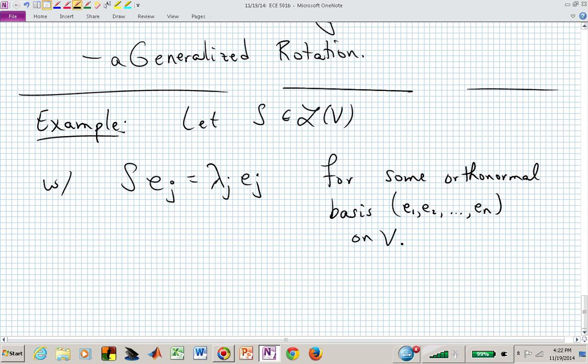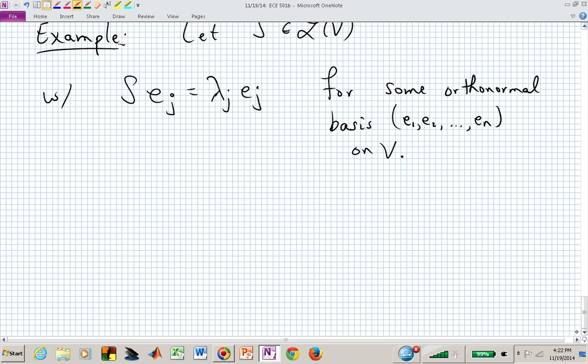And we want to see what that means relative to these eigenvalues lambda sub j, which is what we're trying to show in this example. So if S is in fact an isometry, does that imply a certain property on these eigenvalues? Since this is now an eigenvalue, eigenvector equation.